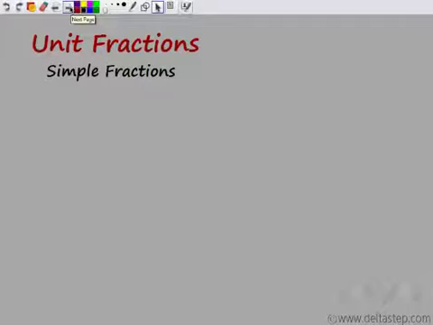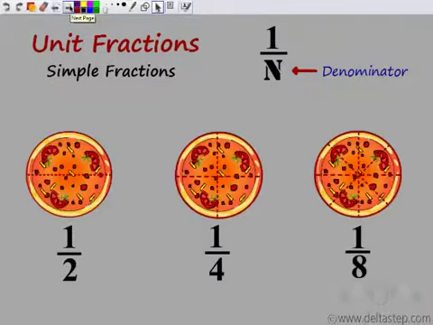Unit fractions were written as 1 over any natural number, and this natural number was called the denominator. So it could be 1 by 2, 1 by 4, 1 by 8. The denominator, which is the number at the bottom, could be any natural number: 2, 3, 4, 8, any natural number.